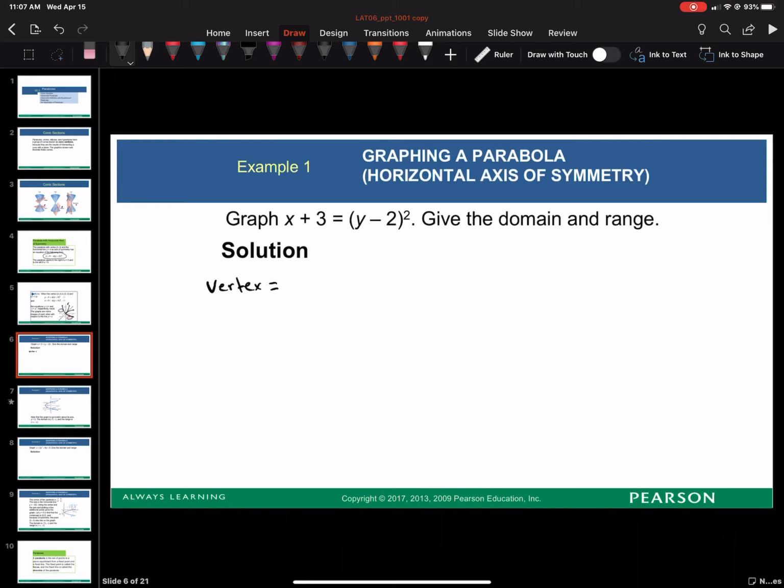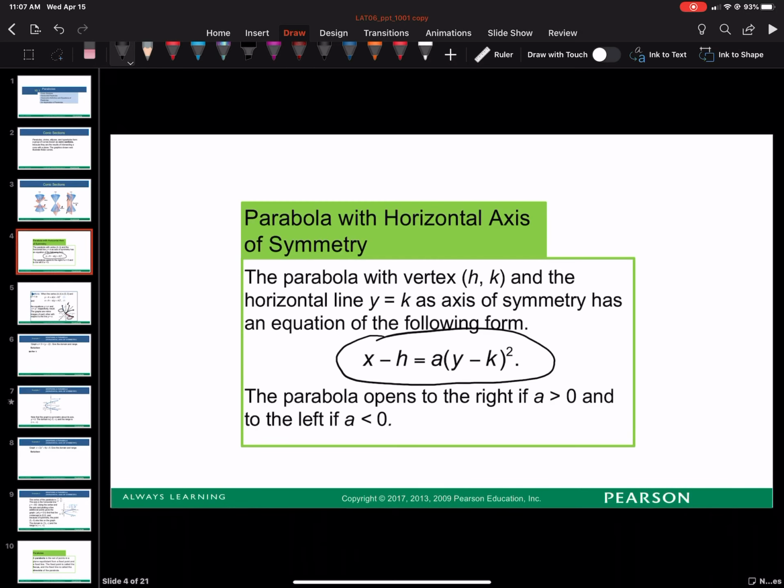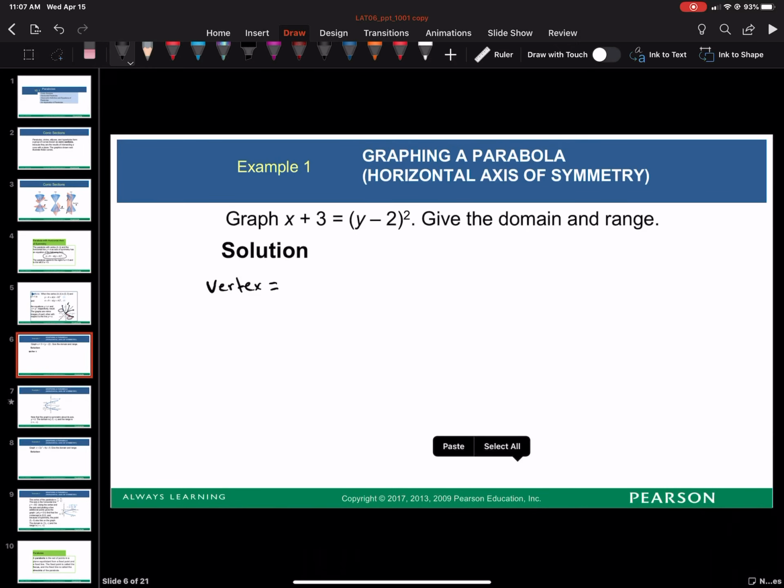In our previous slide, remember it is x minus h is equal to a times (y minus k) squared. Now, in this example, we got x plus 3. So if we were to rewrite what we have, it'll be x minus negative 3 is equal to (y minus 2) squared. So therefore, our h would be negative 3. So it'd be (negative 3, 2) for our vertex.